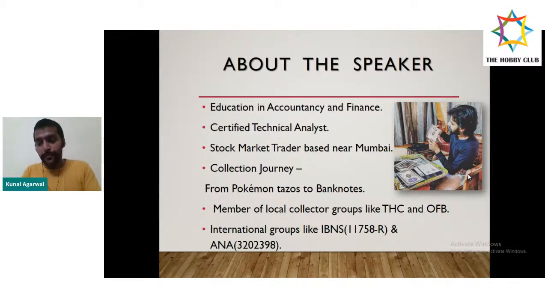Then I matured into coin collections, and then finally I landed into collecting banknotes. So this one, I am pretty sure and hopeful, is permanent for me. It's been like 8 years that I have been a banknote collector, and for the past 4 years I have been a very serious banknote collector. I have taken a very serious approach to this hobby.